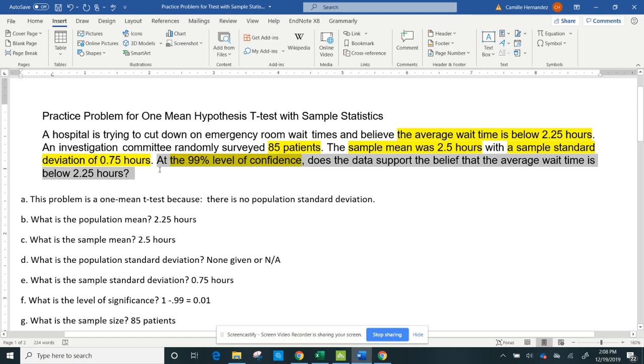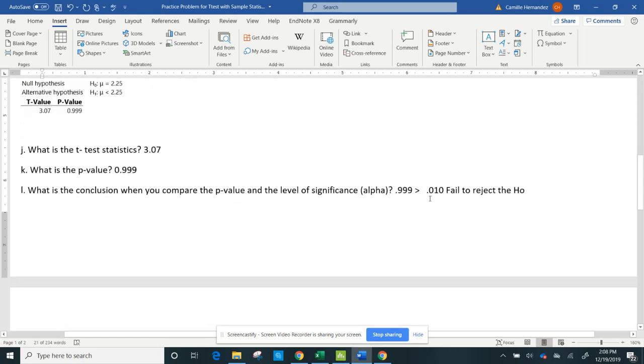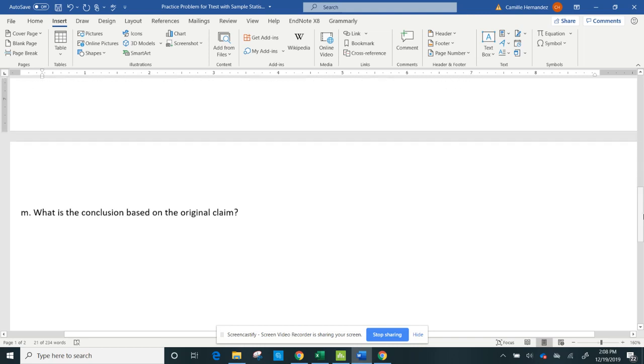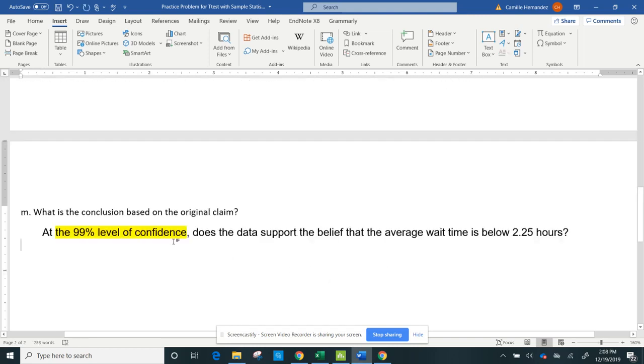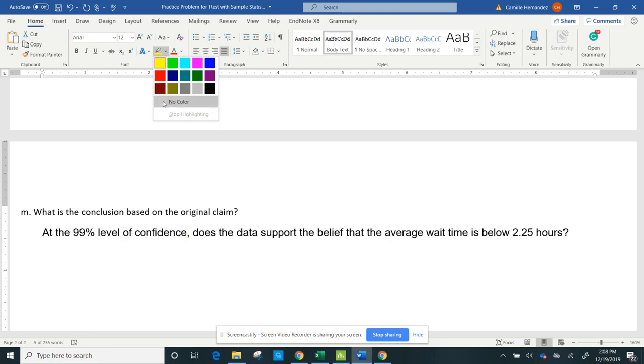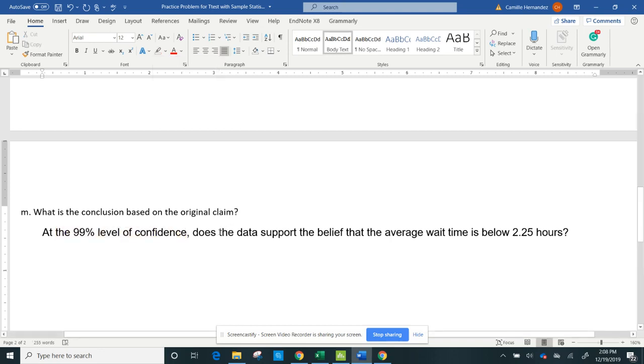So I'm going to go back up here and copy this because I'm going to rework it to make it what I need. Okay, at the 99% level of confidence, that's how I want to start, because that's how it was given to me in the problem. The data does not support the belief that the average wait time is below 2.25 hours.